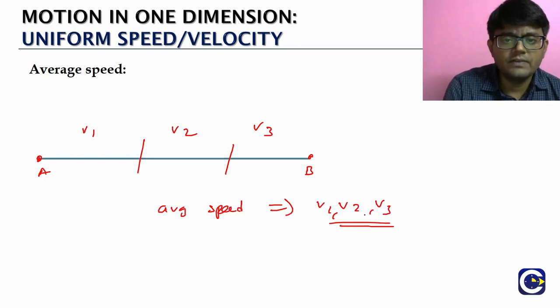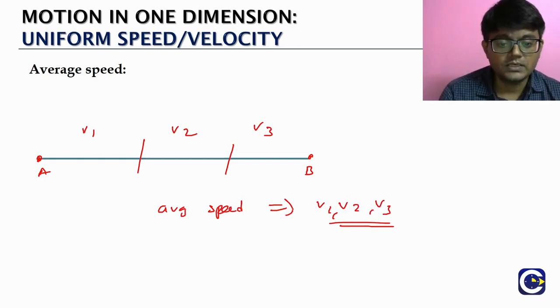How it will be related, we will know once we look at some specific examples. We are going to see how these relations come, and numericals on this will be based on these relations.